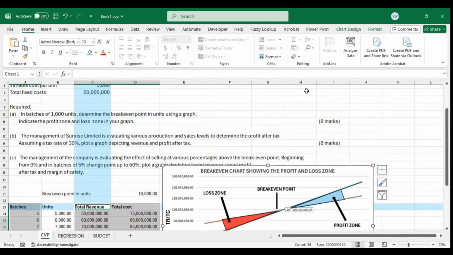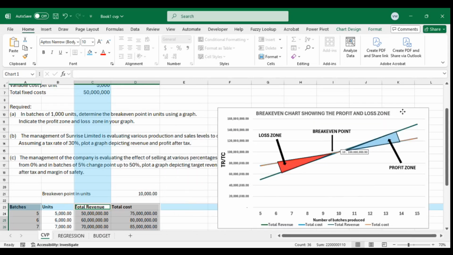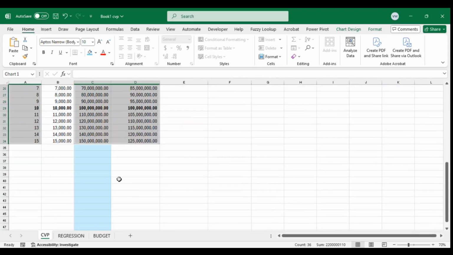The next part, we are told that the management of Sunrise is evaluating various production and sales levels to determine the profit after tax. We are told, assuming a tax rate of 30%, plot the graph of revenue and profit after tax. The question wants us to plot a graph of revenue against profit after tax.